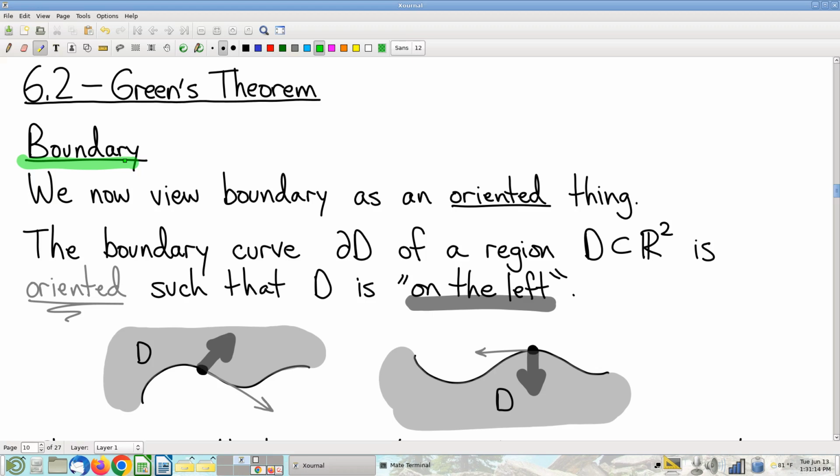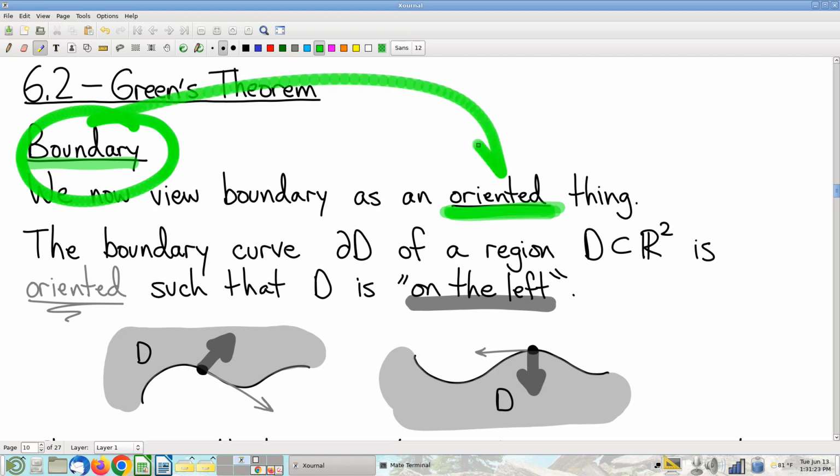Very importantly, throughout the remainder of chapters 6 and 7, boundary is now an oriented thing. This word boundary means a specific orientation. That's part of that word. So you're going to have to get used to the idea. When you hear the word boundary going forward, that is an oriented object, oriented according to a certain convention.